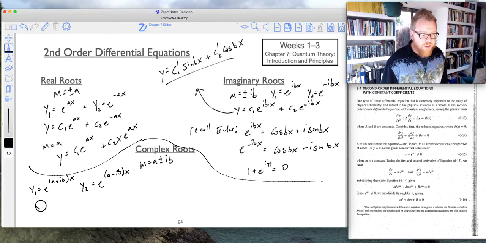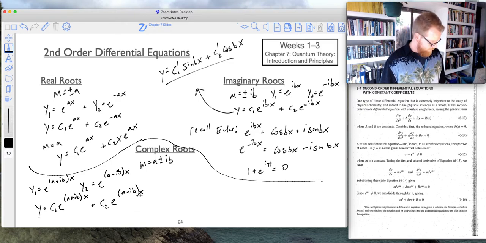My general solution in terms of exponentials would be c1 e to the a plus ib all times x plus c2 times e to the a minus ib all times x.